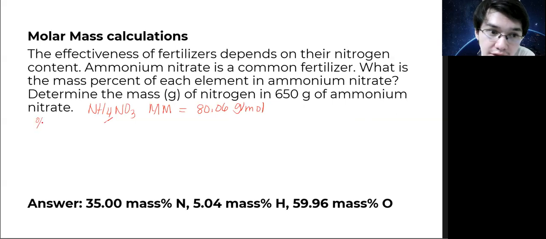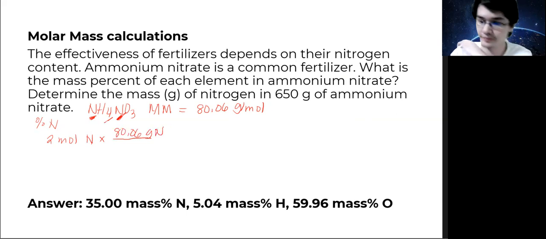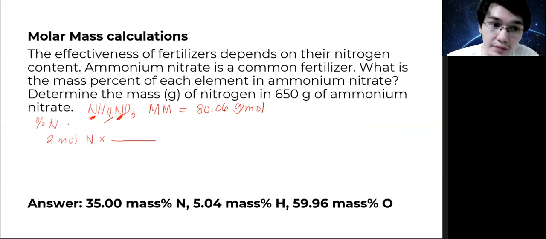So for nitrogen, we know that it has 2 moles of nitrogen since it has 2 nitrogen atoms. Then we convert them to mass using the molar mass of the particular element.